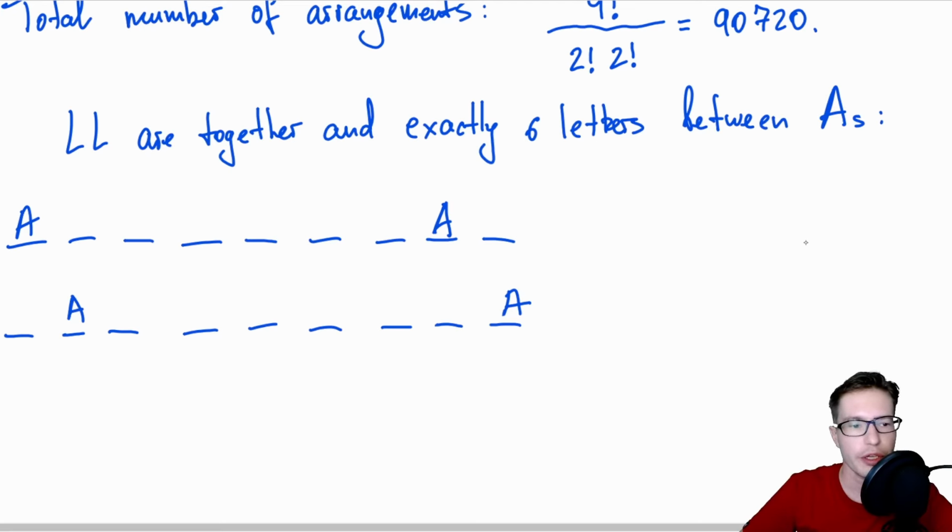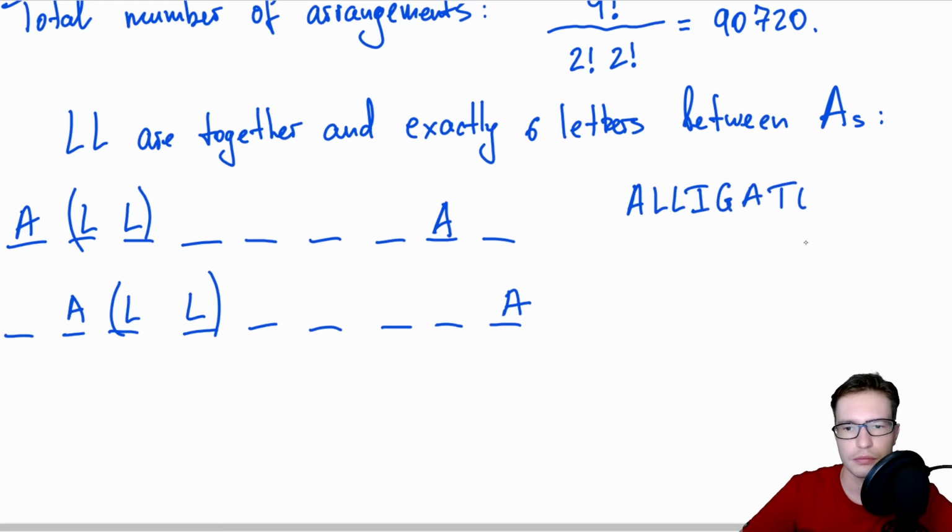Next, the 2 L's must be together. And because of the way our arrangement looks, we can see that the 2 L's must be in between those A's. Now let me write the word separately. Now, the 2 A's are gone.